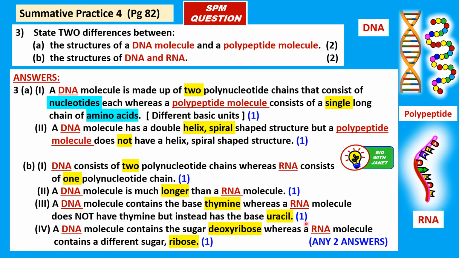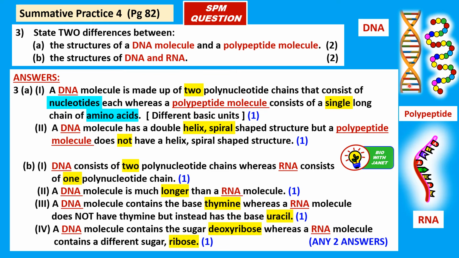Now, thirdly, DNA molecule has the nitrogenous base called thymine, whereas an RNA molecule does not have thymine in its molecule, but it has another base called uracil. And then lastly, DNA molecule contains the sugar called deoxyribose.